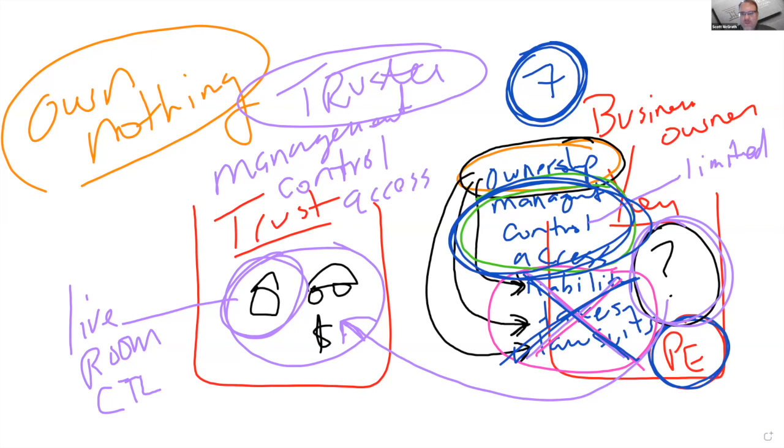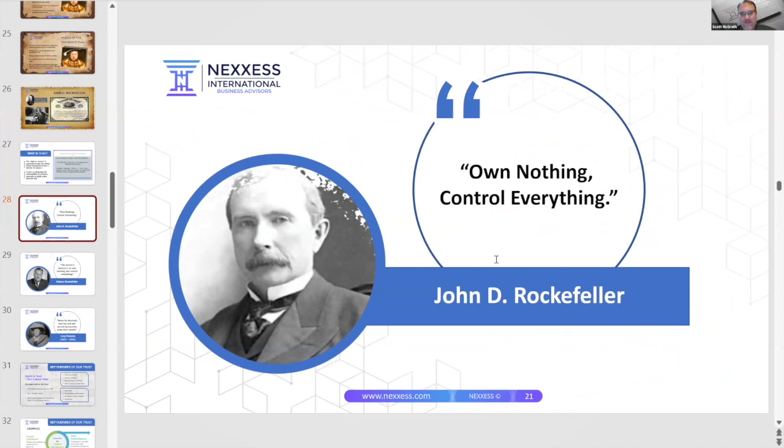Because I want you to understand what he was talking about. He's talking about owning nothing. Everyone on this call has probably already heard own nothing, control everything. The problem is you didn't understand what it really means. And I'm going to try to show that to you. Owning nothing means nothing. So don't ask the question, how can I get stuff out?